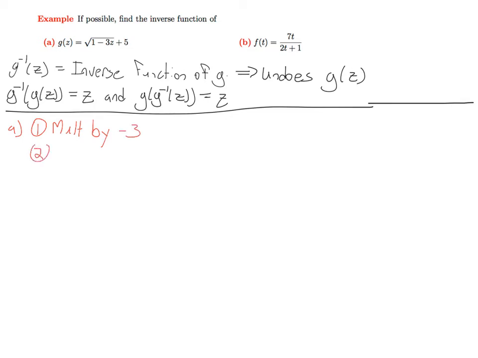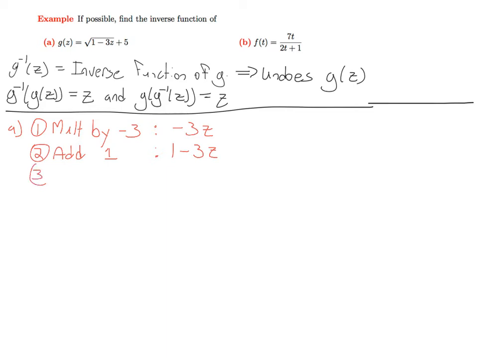That gives us minus 3z. Then we add 1. And that would give us 1 minus 3z.